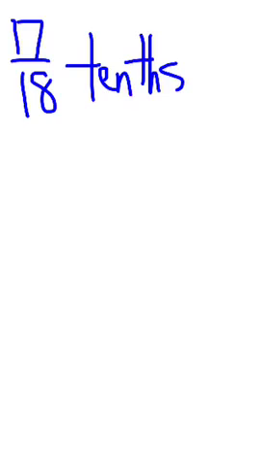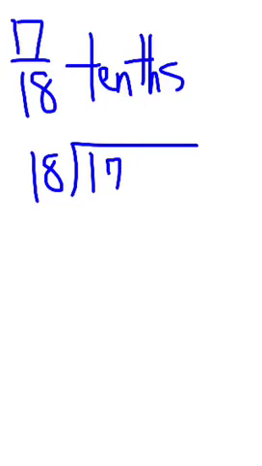The setup is still the same. Of course, add a decimal point and a 0 to start dividing, and figure out how much 18 can go into 170. Right, that will go 9 times.